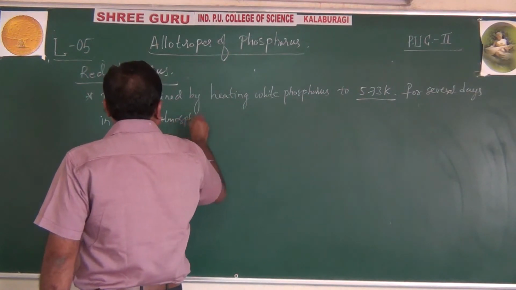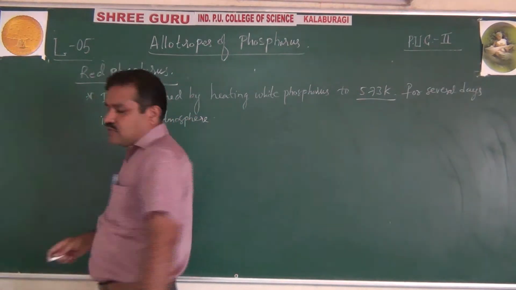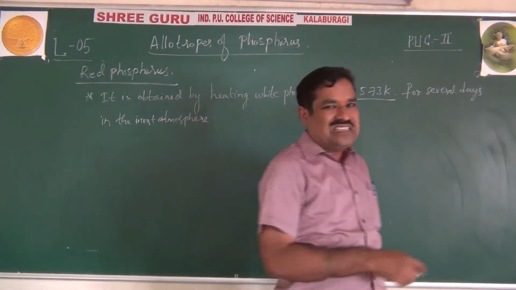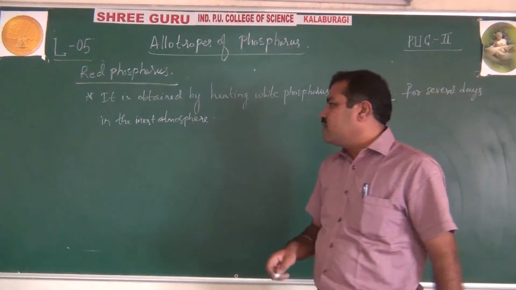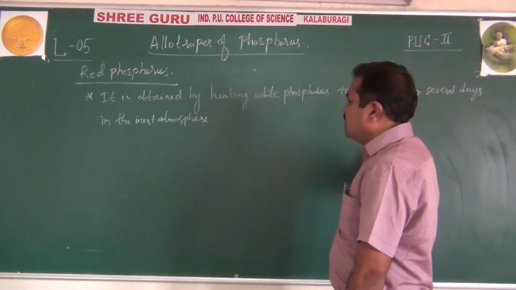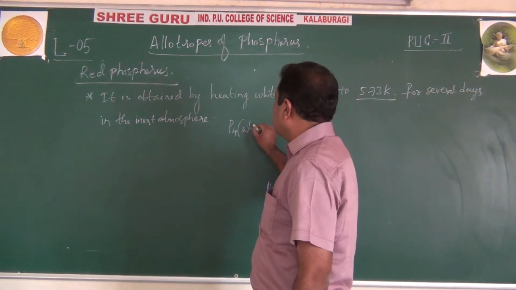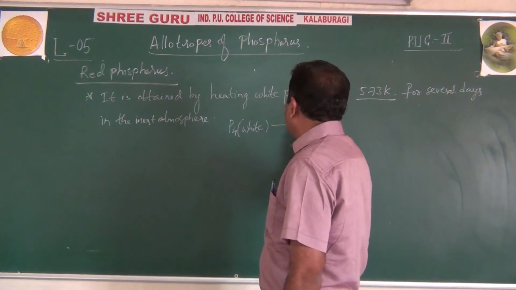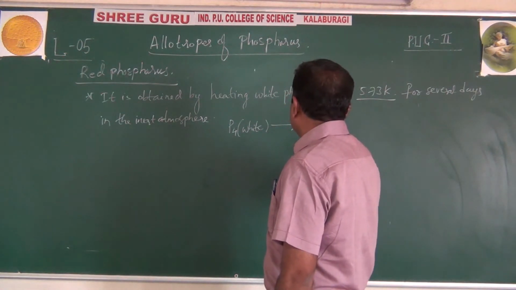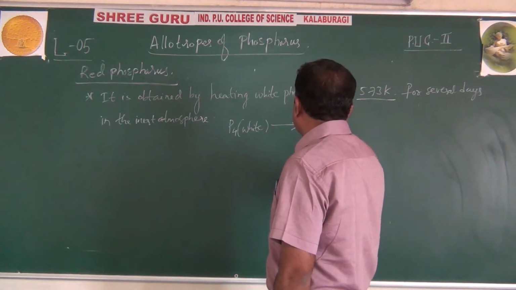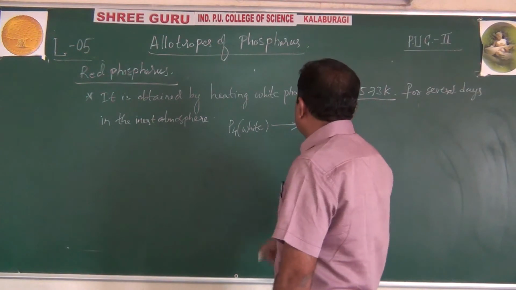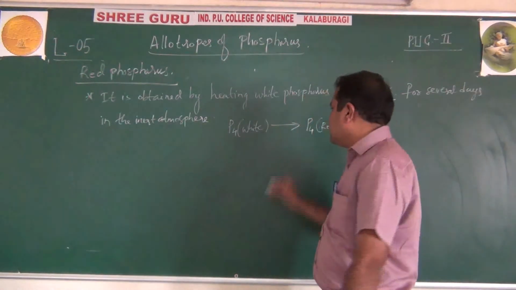Remember, that means white phosphorus, P4 white, slowly transitions to red phosphorus, P4 red, when heated up to 573 Kelvin. You can write it as P4 white slowly converting to P4 red.